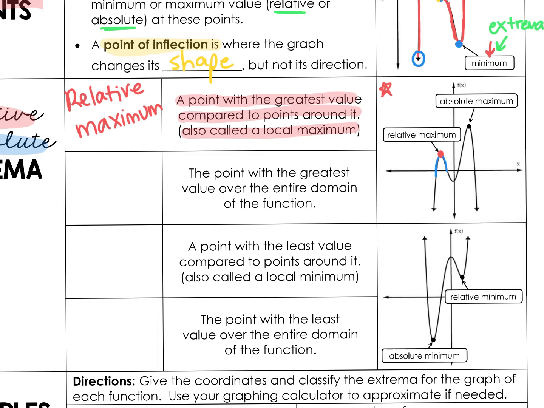Now the next one, the point with the greatest value over the entire domain of the function. So remember, domain is just all the way from left to right, all of the values. So over the entire graph, the point with the greatest value is what we call the absolute maximum.